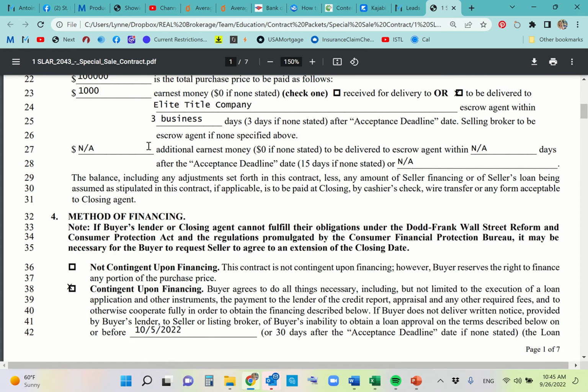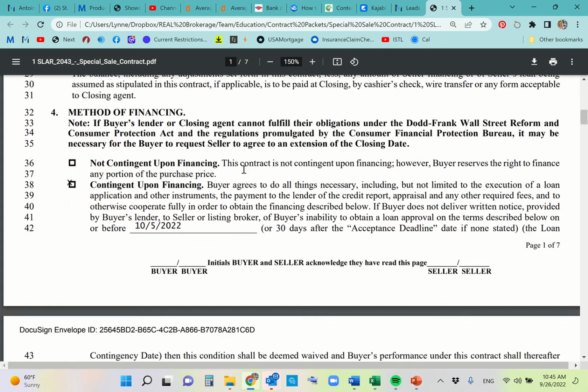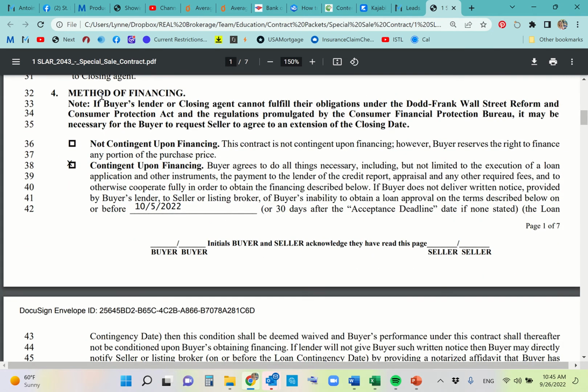On all of our contracts, we are going to put NA to anything that does not apply. So we're not going to be doing any additional earnest money, and so we've put NA in this entire section. Method of financing: we're assuming there's financing in this example. If it was a cash offer, you would put not contingent upon financing.